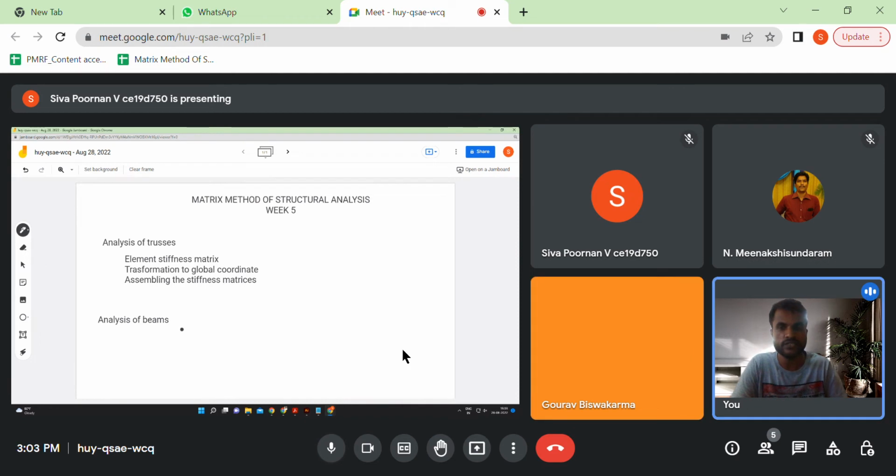You can share your screen and present the question so that we can discuss that. It's on the beam. Okay, then we'll start discussing the beams, and at an appropriate point where you think that it is related to the portion, then you can ask that question. Right? Okay. So no questions on trusses.